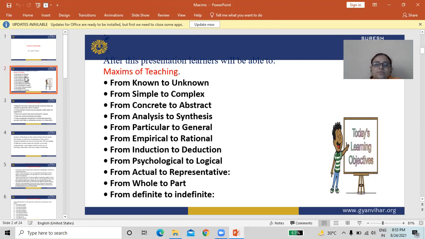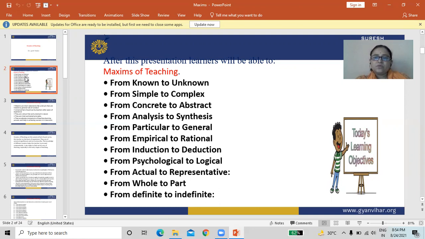known to unknown, from simple to complex, from concrete to abstract, from analysis to synthesis, from particular to general, from empirical to rational, from induction to deduction, from psychological to logical, from actual to representative, from whole to part, from definite to indefinite.